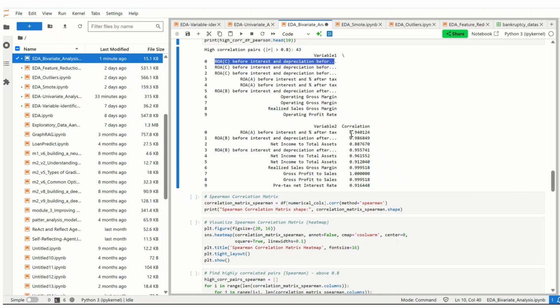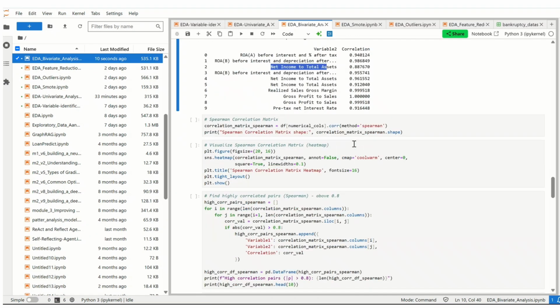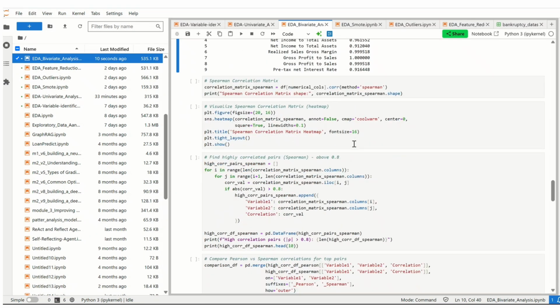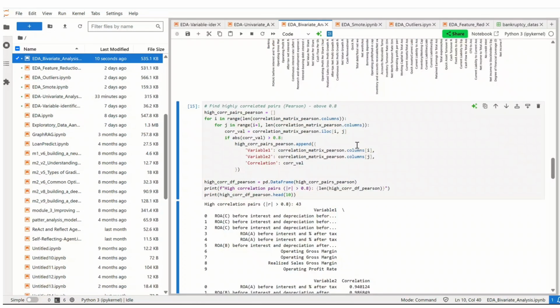So these two are highly correlated variables. For example, the fourth one, return on assets before interest and percent after tax, and net income to total assets, is highly correlated, right? That is what is highly correlated as per Pearson.